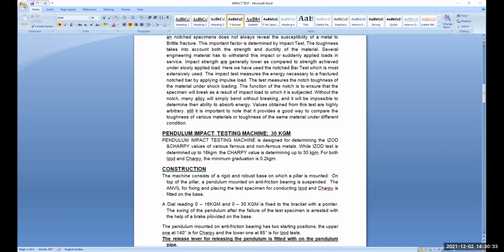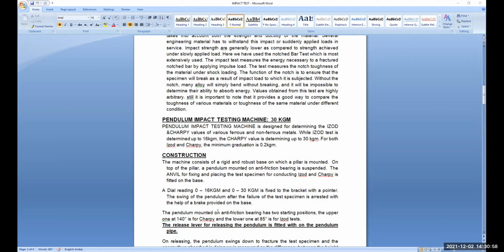A dial reading 0 to 16 kg meter and a dial reading 0 to 30 kg meter are fixed on the bracket with a pointer. The swing of the pendulum after the failure of the specimen is arrested with the help of a brake provided on the base.